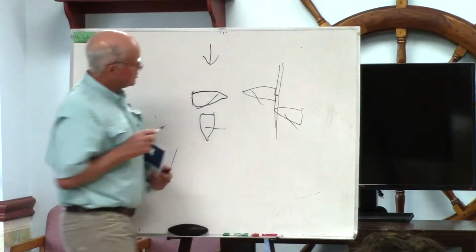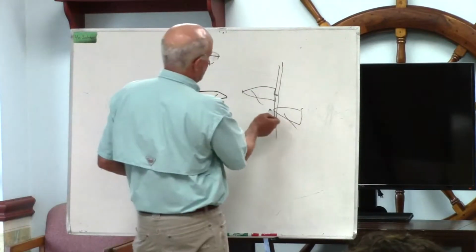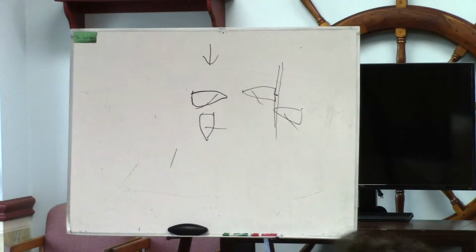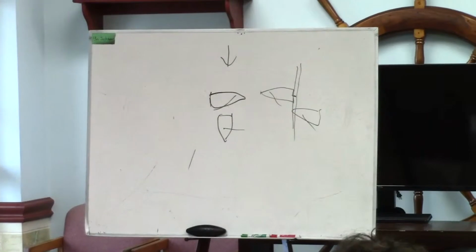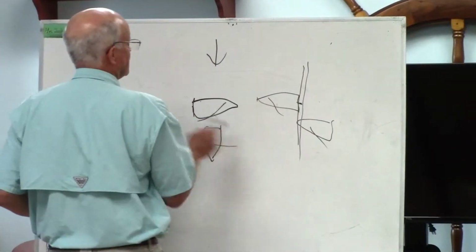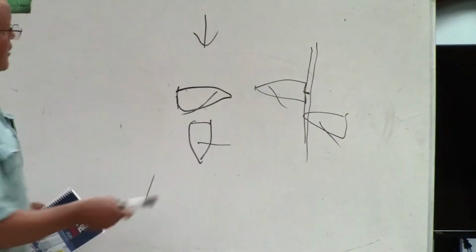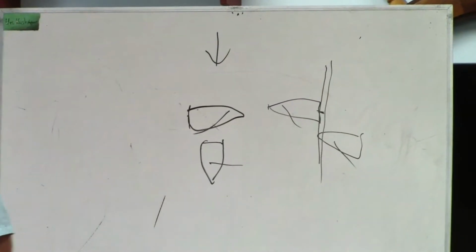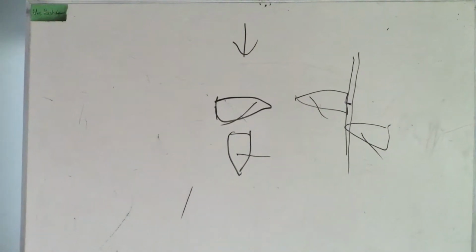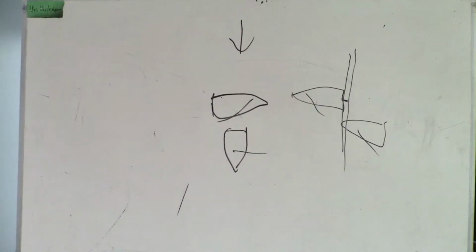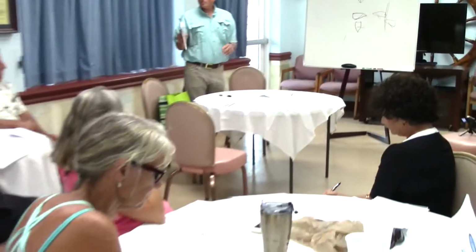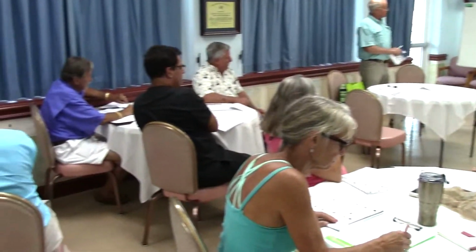You draw a perpendicular line, and if another boat is in front of that line, any part of it, it's overlapped. And it continues to be overlapped until it pulls forward and gets clear ahead. So boats are either overlapped or they're clear ahead or clear astern, one or the other. If you know those three definitions, you can really figure out the rules.